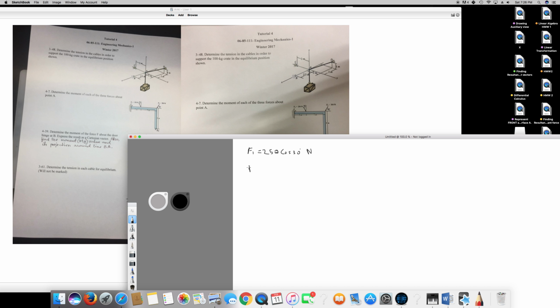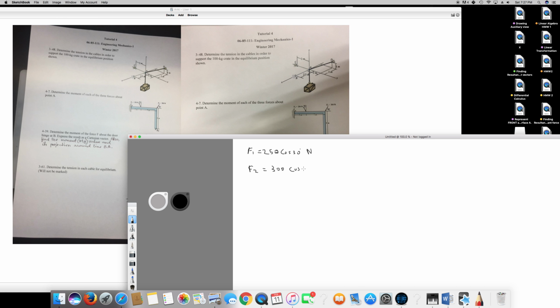And F2 is going to be, because we are doing it vertically, so usually most people do sine 60, it's the same thing, cos 30 or sine 60. And for this one, from vertical it's making 60 degrees, so you can say it's 300 sine 60 or 300 cos 30. I like to keep it all the same, so it's going to be 300 cos 30.